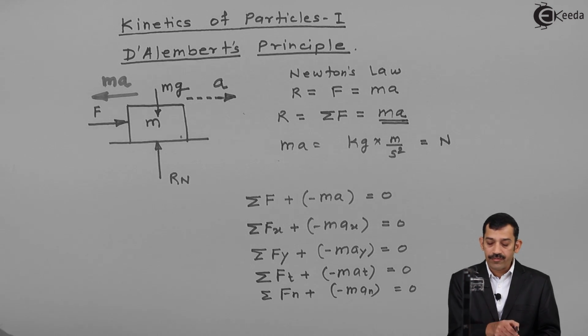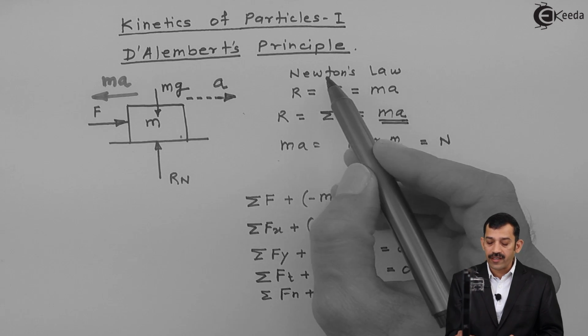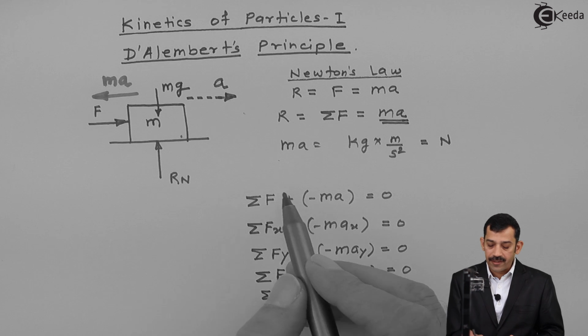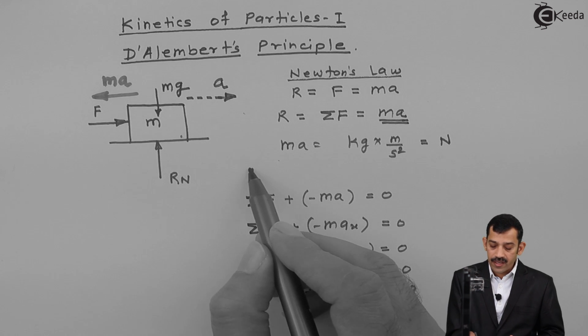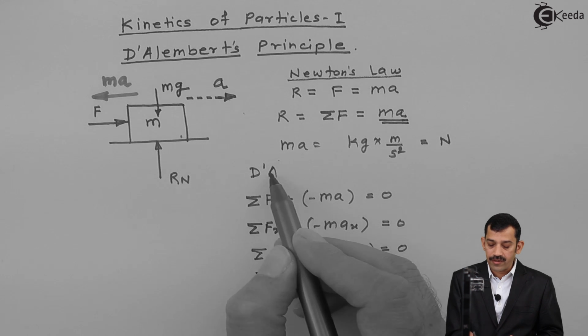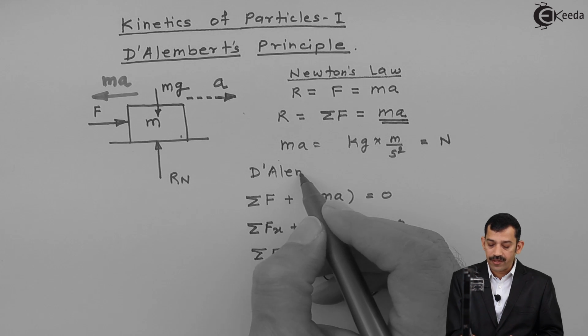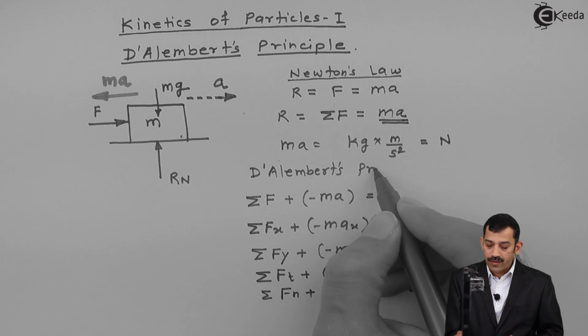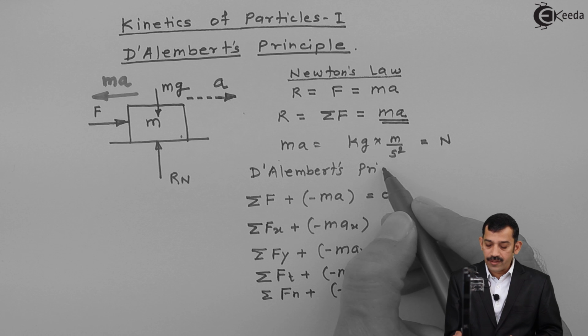When we write F equal to m into a, with the term on the right-hand side, it is called Newton's law. If we write the ma term on the left side, then the same equation is called what? This is called D'Alembert's principle. That means simply the term ma is important, right?